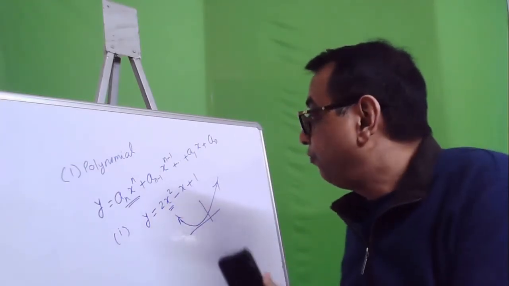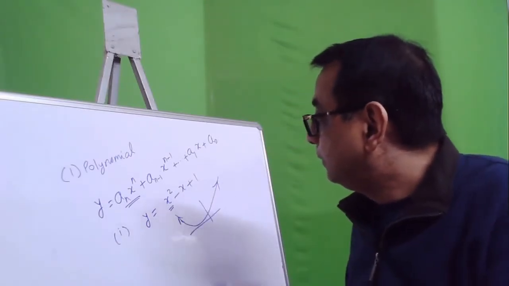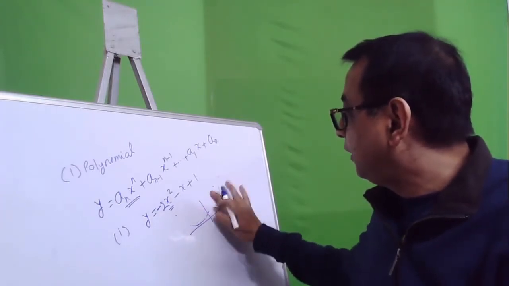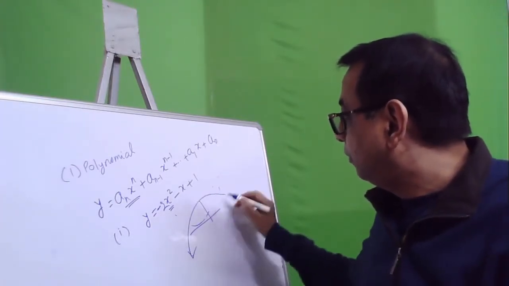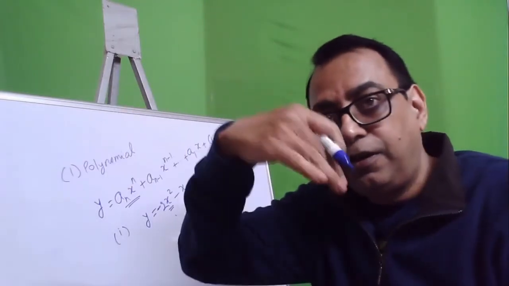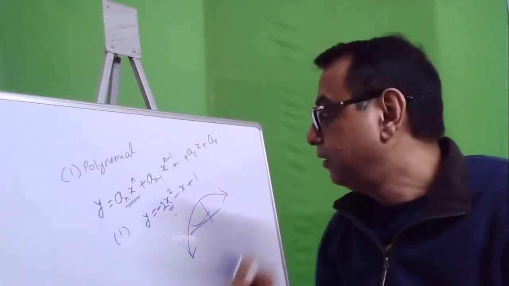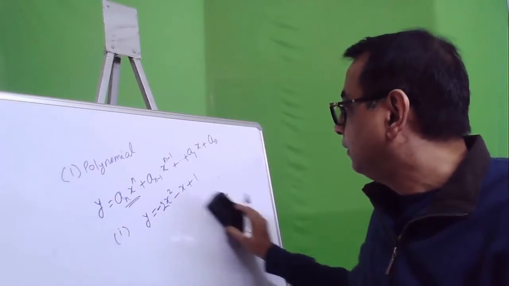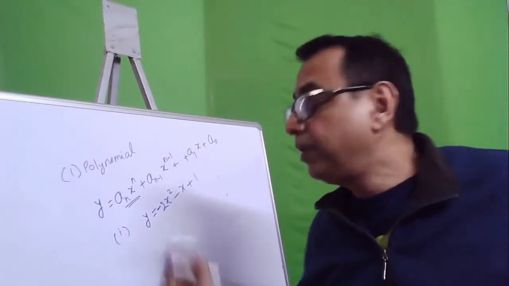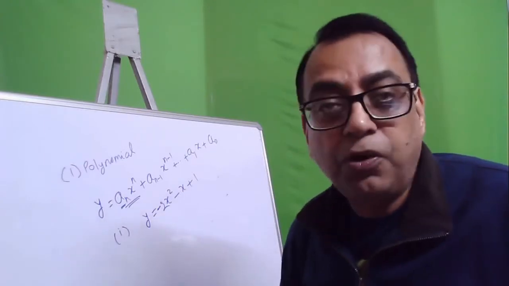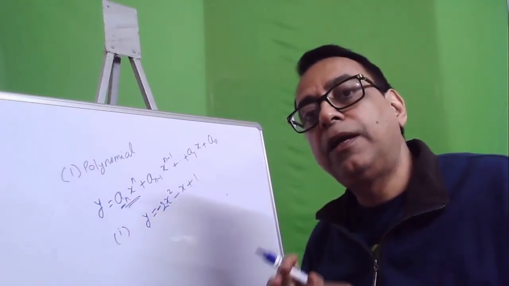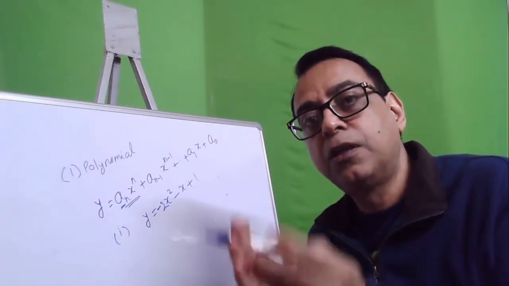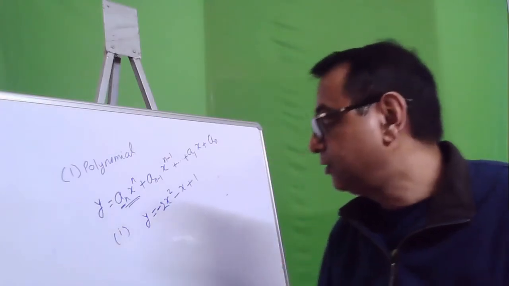Suppose this coefficient is negative, say minus 2, then ultimately this function will take the reverse direction. So if the power is an even number and the coefficient is positive, the function will go towards the positive direction of the y-axis.